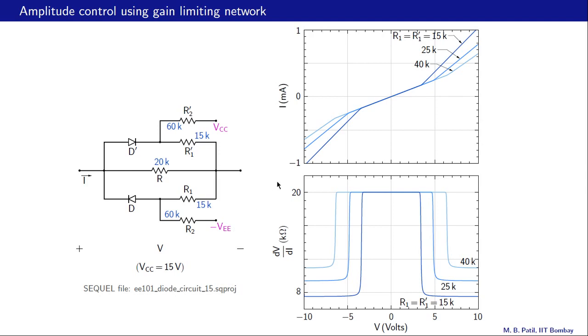What we have done here in this plot is we have changed R1 and also R1 prime. This is the plot for 15K, the dark one, as we have seen already. The next plot is for 25K. That means this resistance is 25K. This one is also 25K. And the one after that is for 40K.